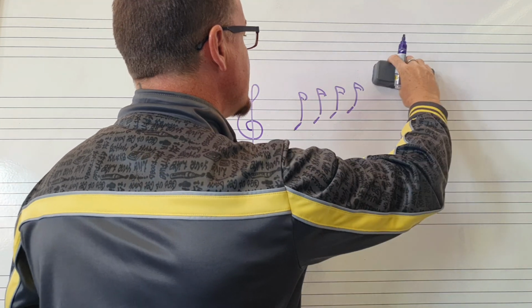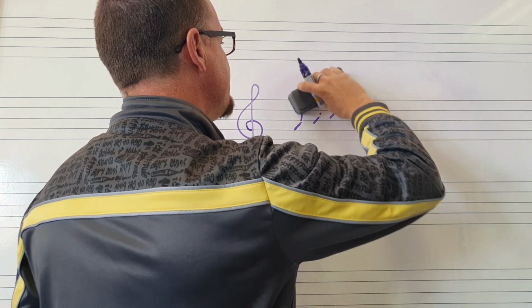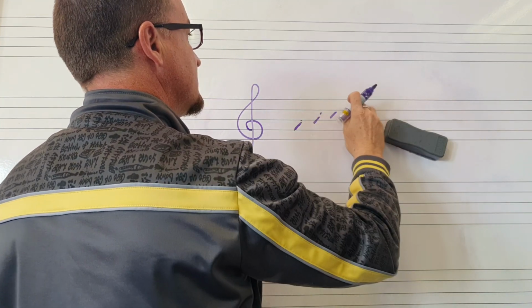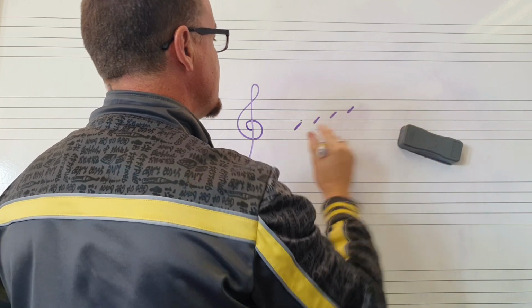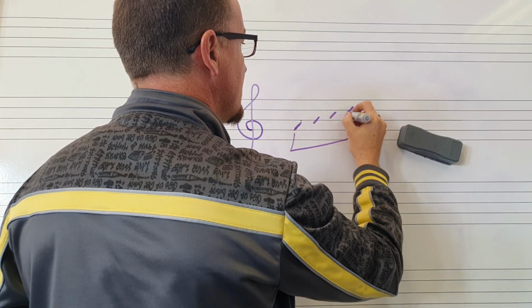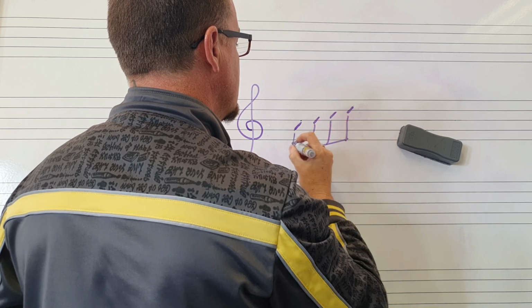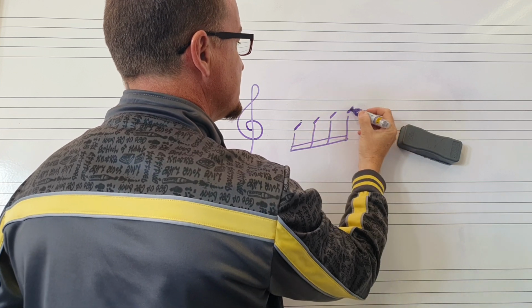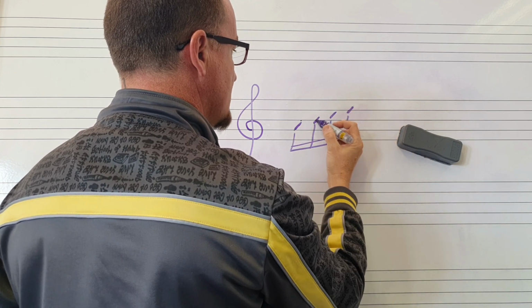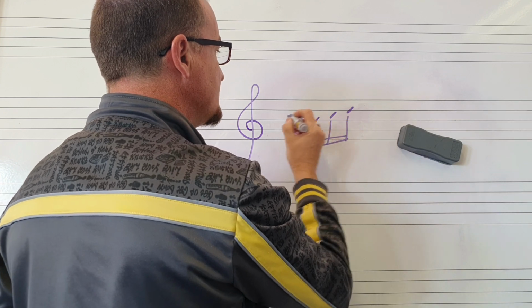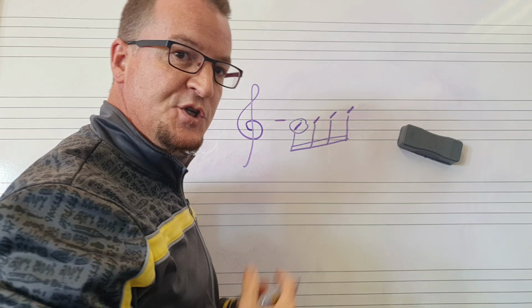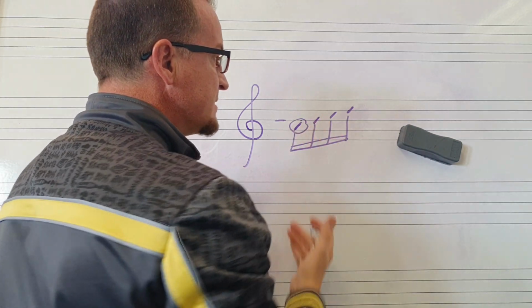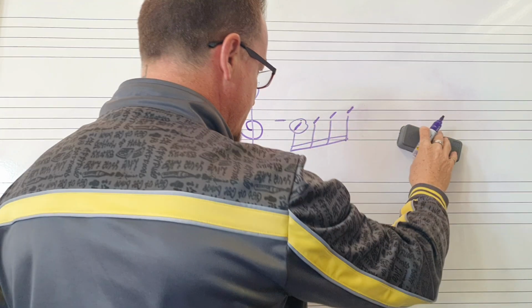So in this case, you'd want to put the stems going on the bottom, simply because this is above, this is above, this is on, and there's only one note below the middle line. So the majority of notes rule, and in this case the stems go down.